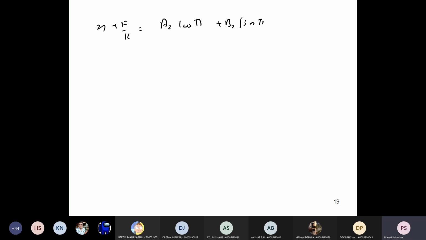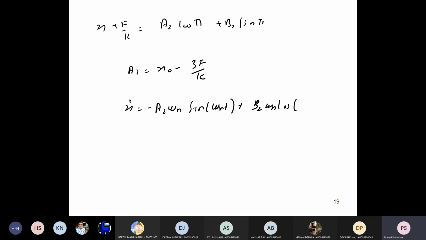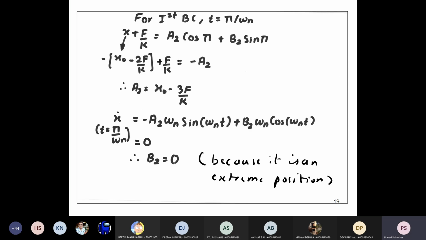All right, so a2 is equal to x0 minus 3f by k, and x dot is equal to minus a2 omega n sine omega nt plus b2 into omega n cos omega nt is equal to 0 at t equal to pi by omega n. Substitute that value into 0, and this will give you b2 is equal to 0. All right. So you got again a2 and b2.